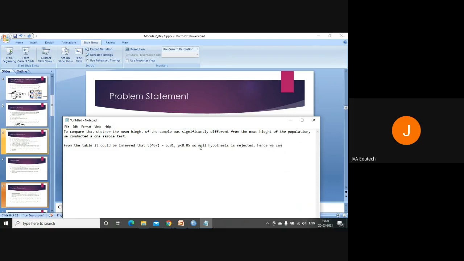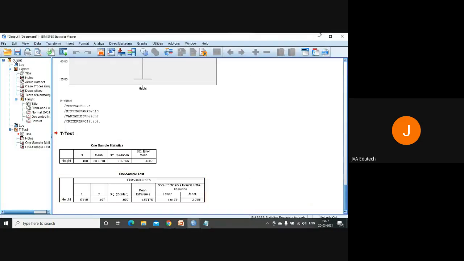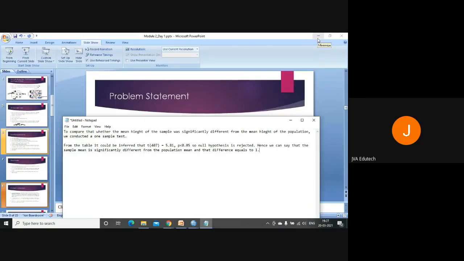Hence, we can say that the sample mean is significantly different from the population mean, and that difference equals 1.531, and is significant at the 5% level of significance.